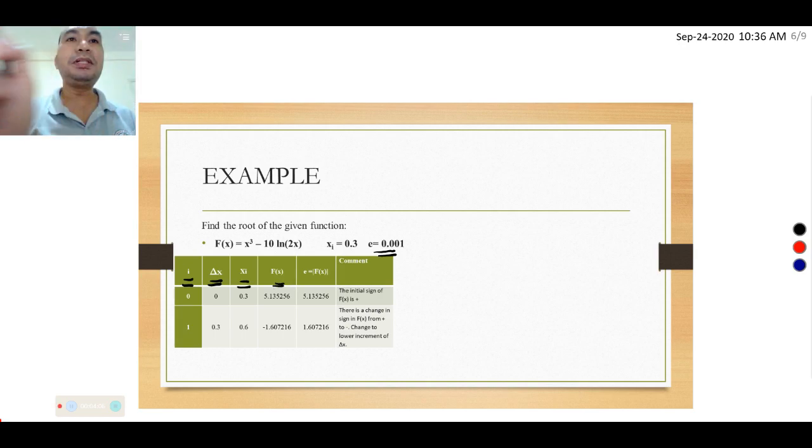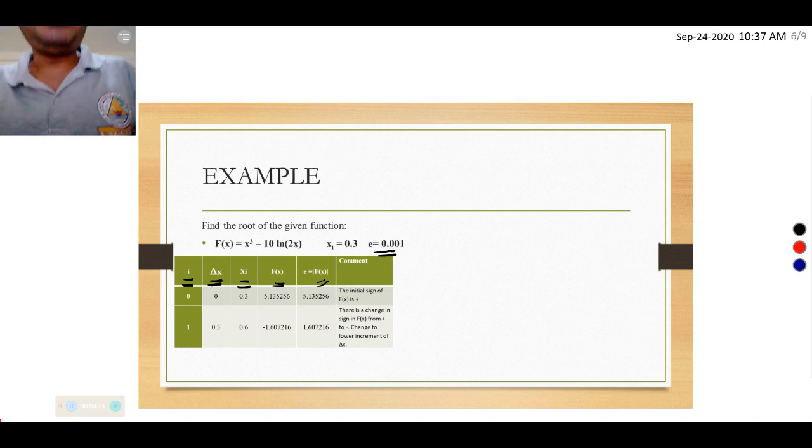The fourth column is for the value of the function of x after substituting xi, and e here will be our error. The last column is just intended for the comments so that you could understand the incremental search method.